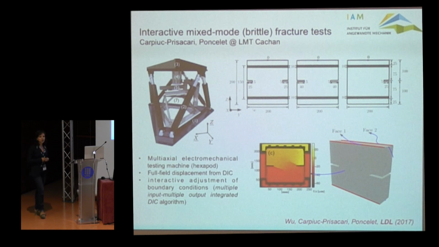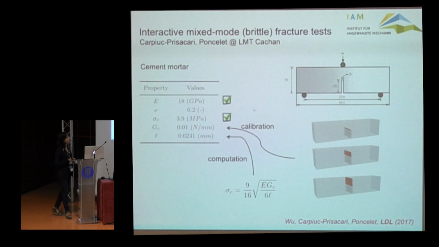And thirdly, the experimenters were using an integrated input-output DIC algorithm, so they could control loading based on results of the DIC computation. So in a sense, this was an interactive set of tests, so they could achieve very stable crack propagation even after very complicated loading. So I will just show a few results.